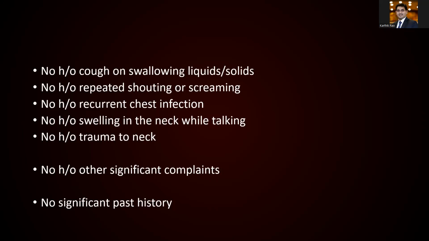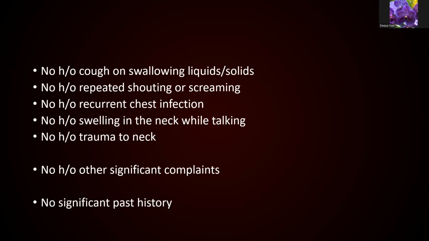No history of trauma to the neck: trauma directly onto the larynx might lead to dislocation of the cricoarytenoid joint, and the patient may have difficulty talking or hoarseness of voice. I also asked for other significant complaints pertaining to this. So these were the reasons why I took this negative history.